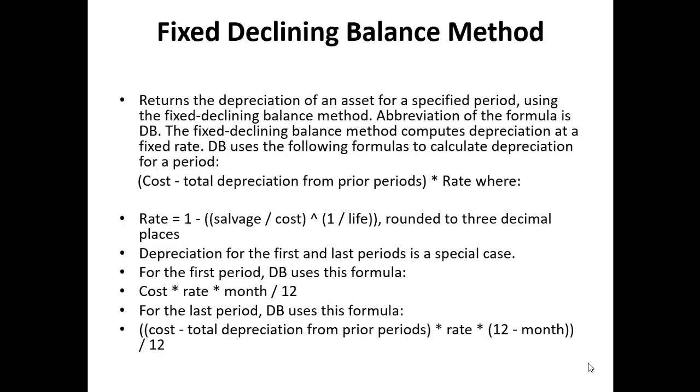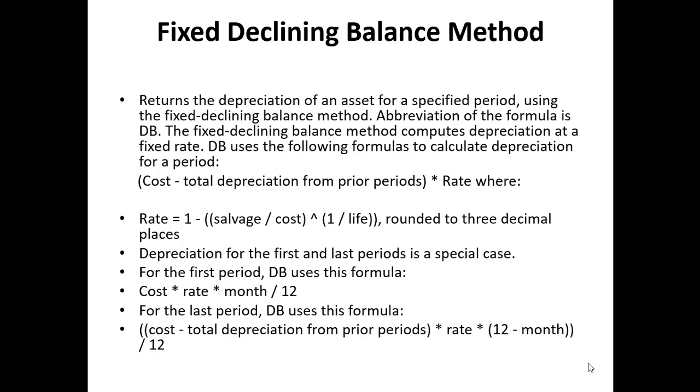It is also another type of depreciation method, and it returns the depreciation of an asset for a specified period using the fixed declining balance method. The abbreviation of this formula is DB. The fixed declining balance method computes the depreciation at a fixed rate.